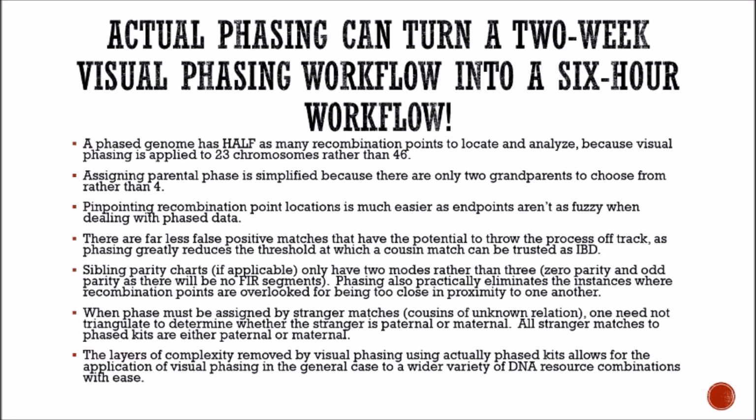So that's why you get a lot more fuzzy long ends after the tips of true matching segments when you're dealing with data that is not phased. So phase the data. Number 4, there are far fewer false positive matches that have the potential to throw the process off track, as phasing greatly reduces the threshold at which a cousin match can be trusted as inherited by descent.